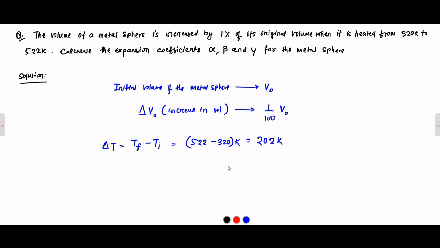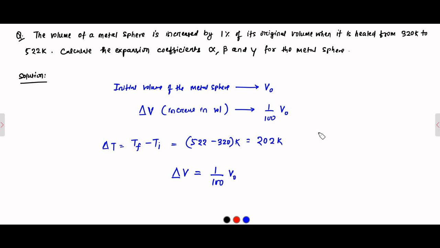So now, as per the volume expansion formula, the increase in volume delta V, this is delta V, the increase in volume, it is not delta V0, only delta V. Here the increase in volume is 1/100 of the initial volume.